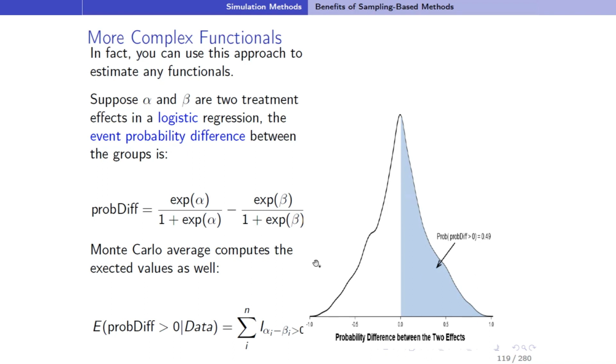The Monte Carlo average also lets you compute the expected value. You can say the probability that the difference is greater than 0 given the data is the number of samples that fall to the right-hand side of 0, say 49%.